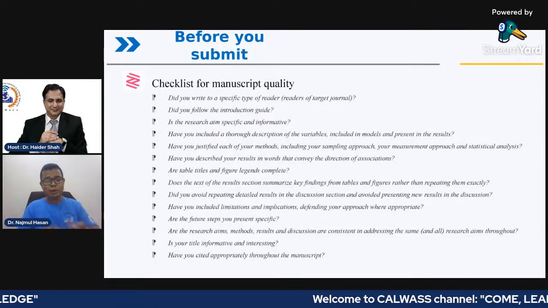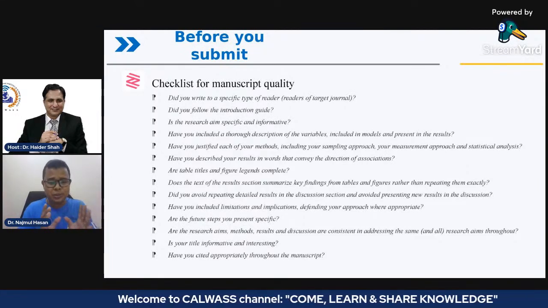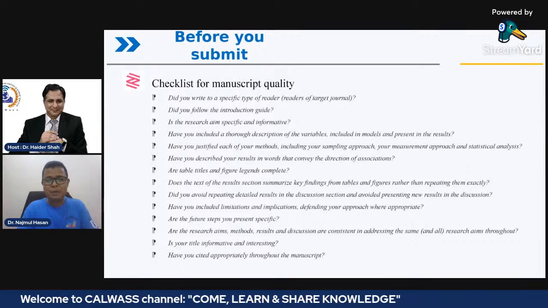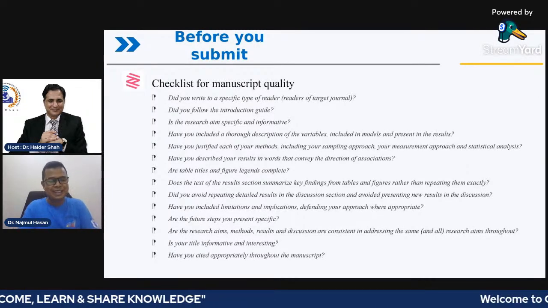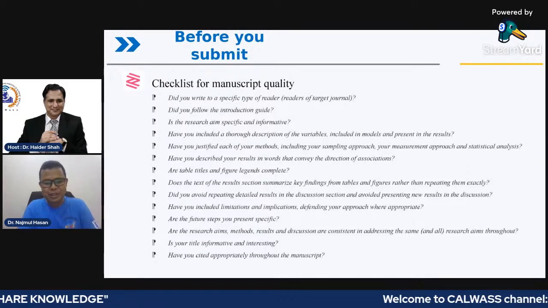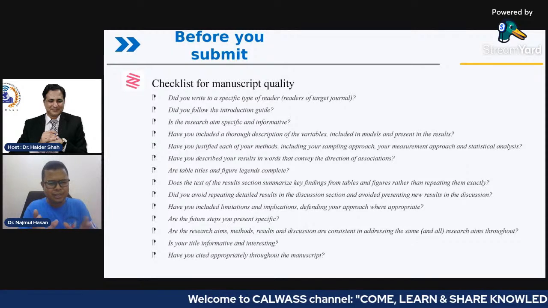So I think you have already written a paper and revised your paper, but you are going to submit your paper. Please, before submitting your paper, this is the checklist, actually. I'm not going to talk much about this checklist.